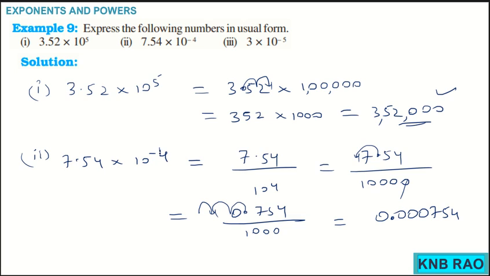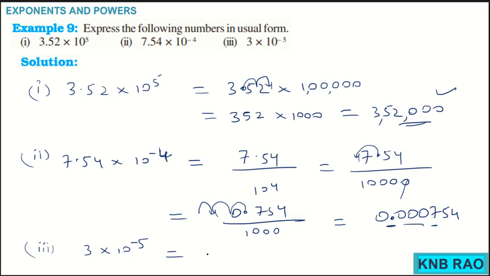To make it short, I will give you one small hint. Remember, what is the power? It is minus 4. Remember, between the decimal point and the first non-zero digit, you will have 1 less than this number. 1 less than 4 is 3, so 3 zeros will be there. This is one more hint. For example, in the case of the third, 3 into 10 power minus 5.